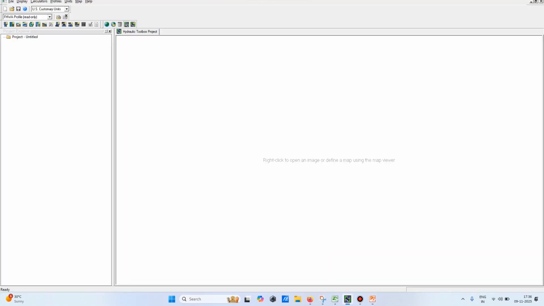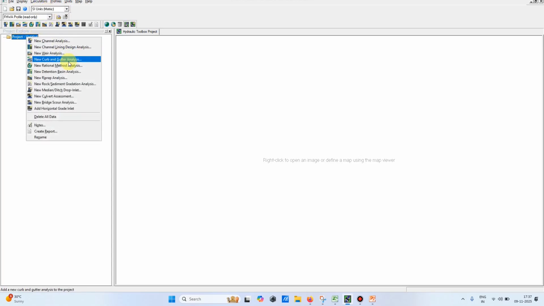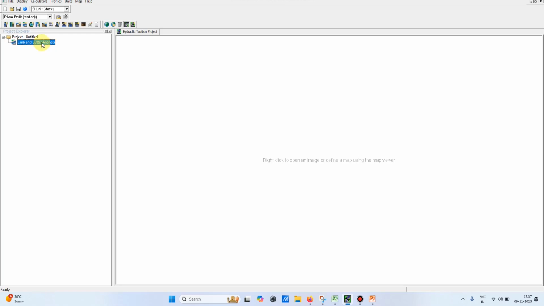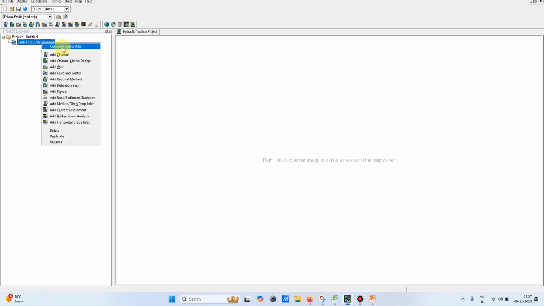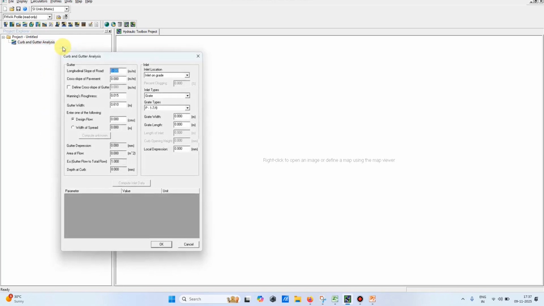So this is the user interface of hydraulic toolbox, and I will change the units to the international standard unit, that is SI, in the metric system. Here I will add this new curb and gutter analysis, and add the curb and gutter inlet data.